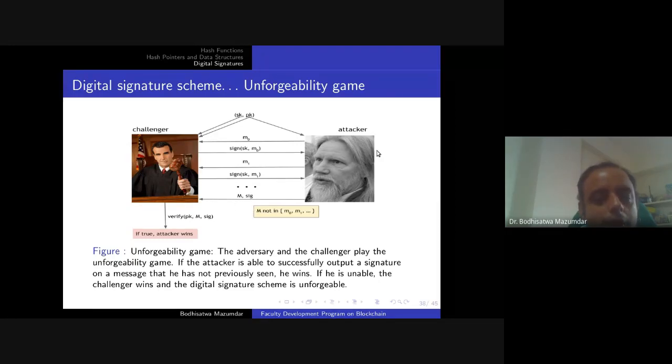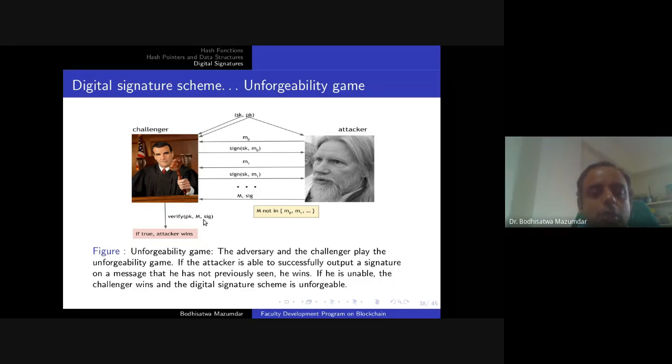In all the previous queries the signature was generated by the challenger, but in this new query the attacker is able to forge the challenger's signature. If the challenger verifies that this is a valid signature of this document, then the attacker wins. So this is called the unforgeability game.